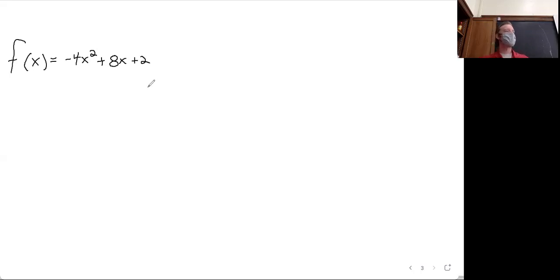So same thing as before. I want you to find the same things. Find your vertex, your axis of symmetry, the y-intercept, and determine whether the vertex is a minimum or a maximum.